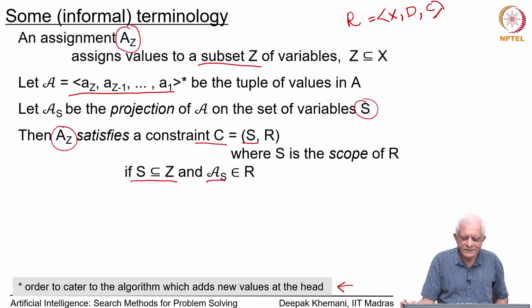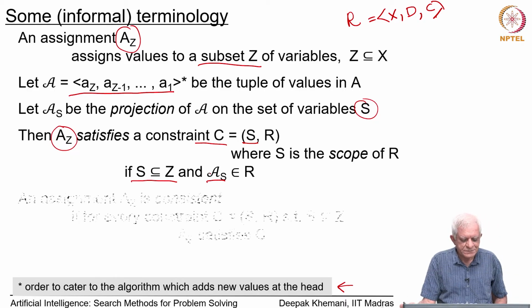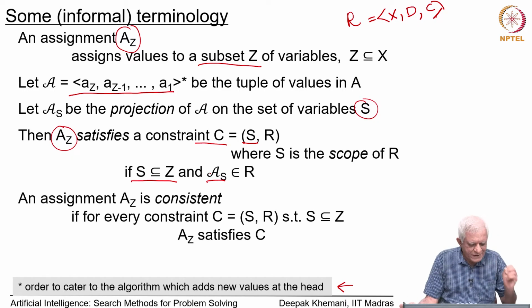Then we say that an assignment is consistent if for every constraint C such that the scope falls within Z, AZ satisfies that C. So, essentially we will be interested in consistent assignments in the simple algorithms that we are going to look at.